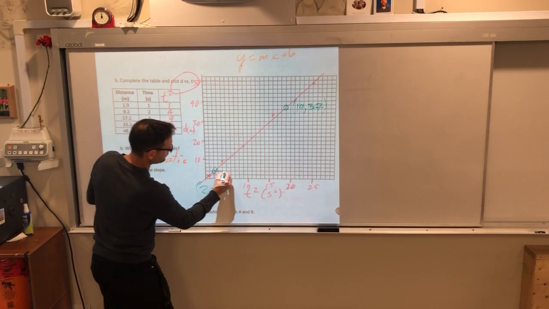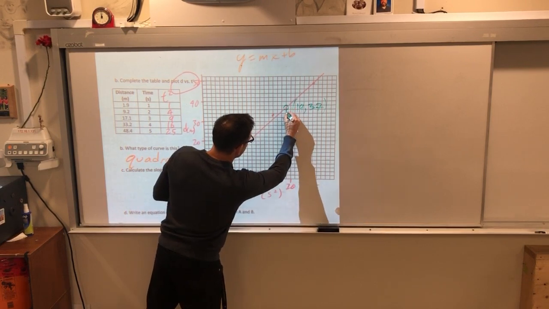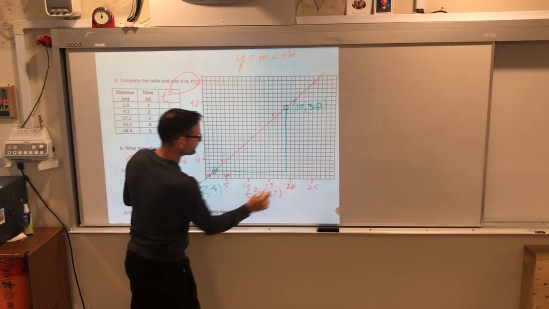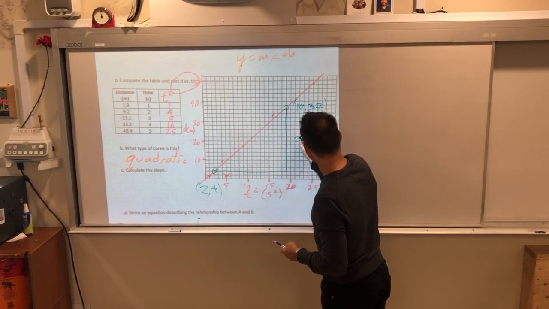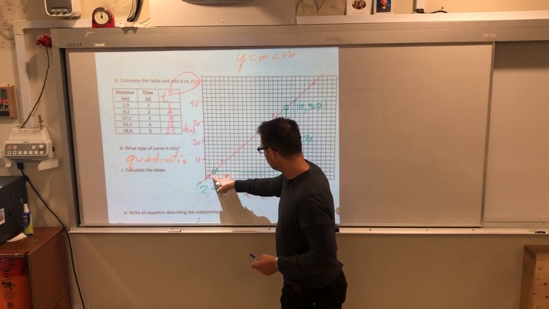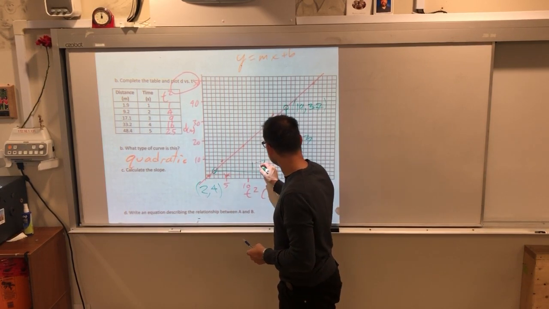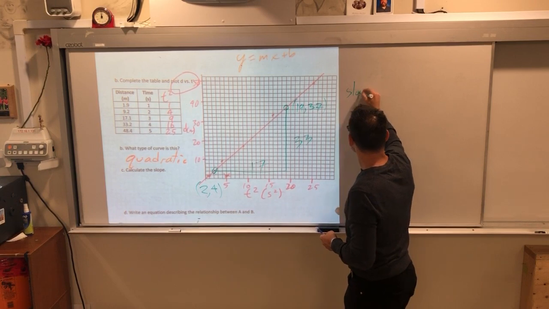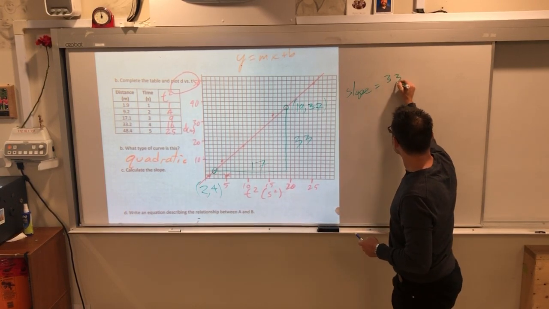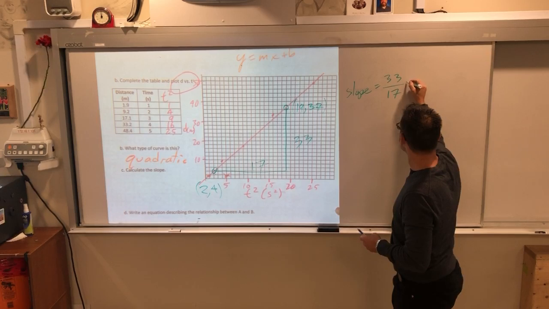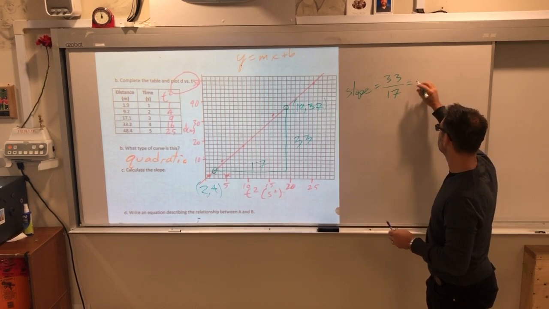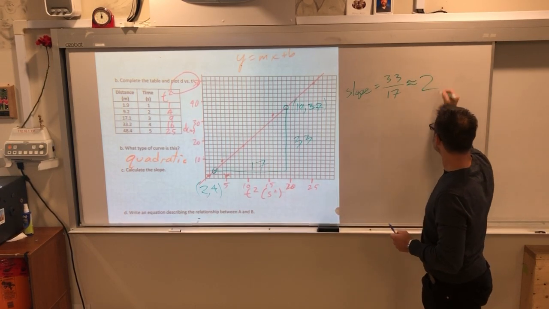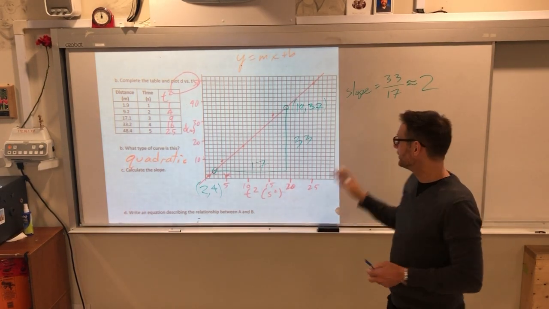So if we draw this slope calculation again, our rise is going from 4 to 37, so this is 33, and our run is going from 2 to 19, so this is 17. So our slope is 33 over 17, so pretty close to 2. I don't know what that is exactly. 16 would be 30, 17 would be 34, so we'll say close to 2. If you got 1.9 or 2.1, that's fine.